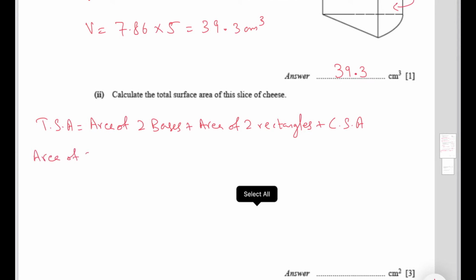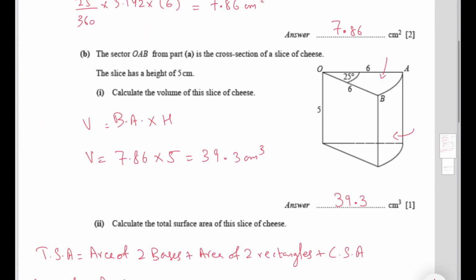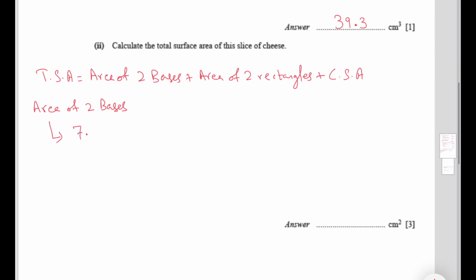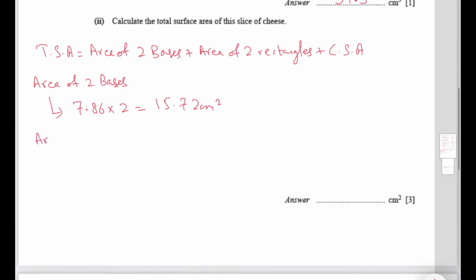Since we had the area of one of the base, which was 7.86, we just need to multiply it by 2. So you do 7.86 times 2. Let's see what we get. 7.86 times 2 gives us 15.72 centimeters squared.